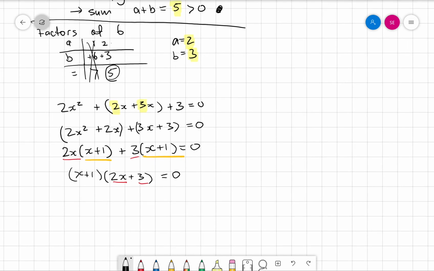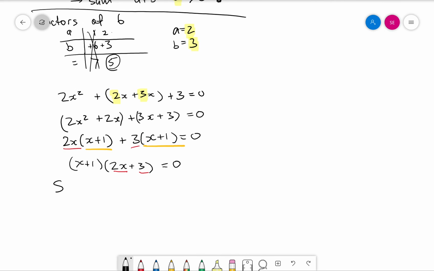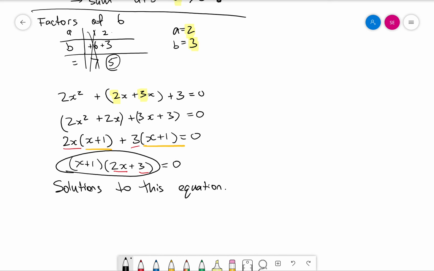Alright, now we want to find the solutions to this equation. For the left-hand side to equal 0, x plus 1 equals 0, or 2x plus 3 is equal to 0.